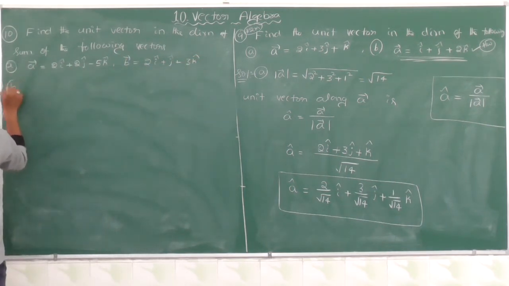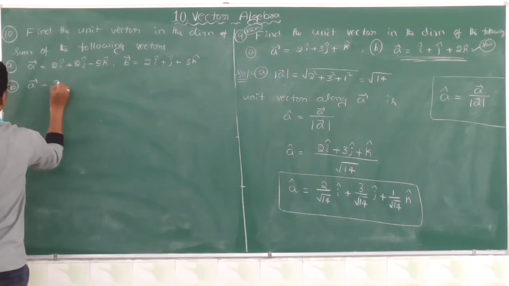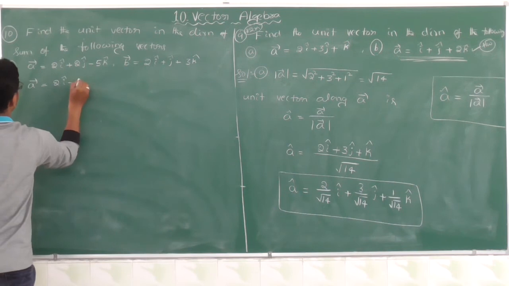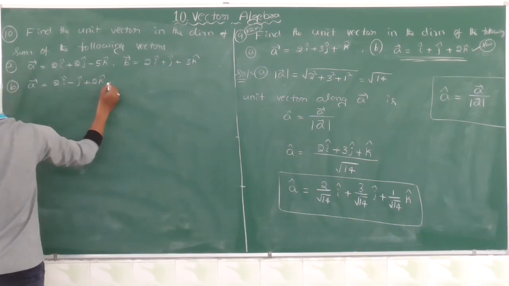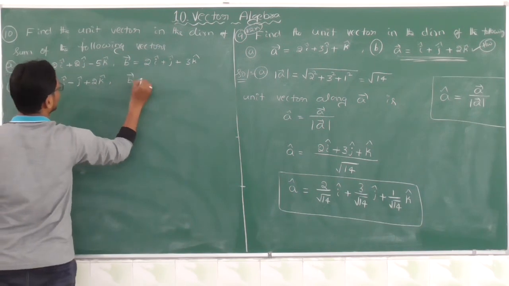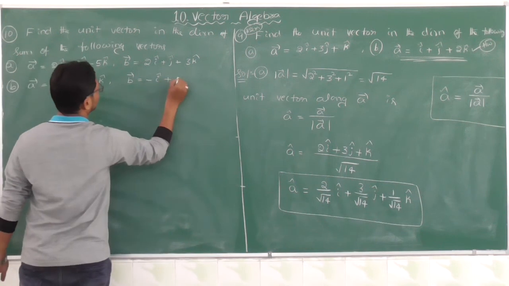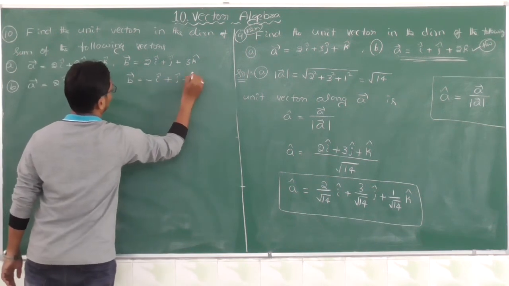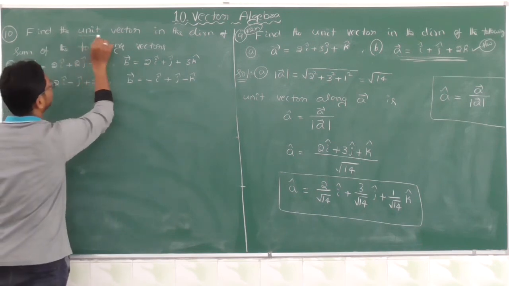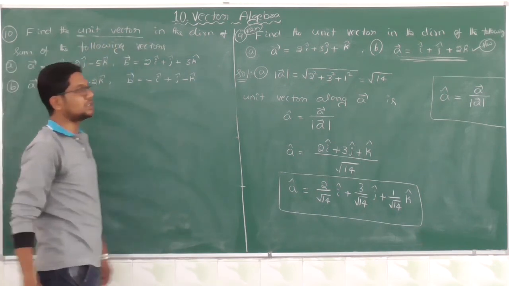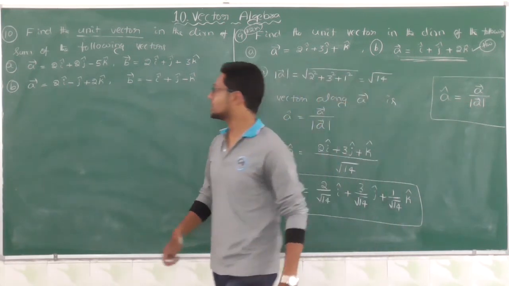Next, second one, A vector equals to 2i minus j plus 2k. Next, B vector equals to minus i plus j minus k. Here also we have to find the unit vector. Unit vector is what? A cap equals to A vector by magnitude of A vector.